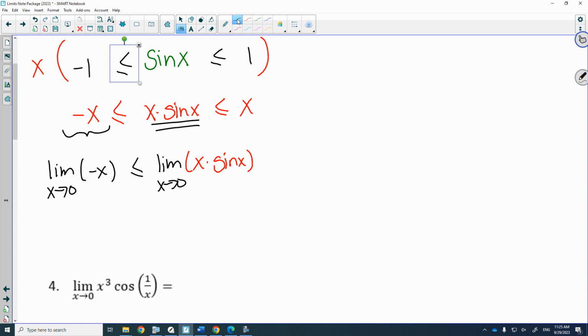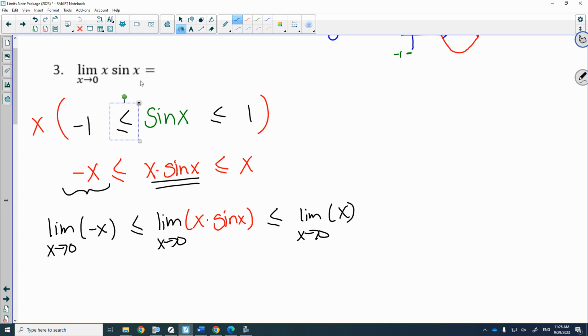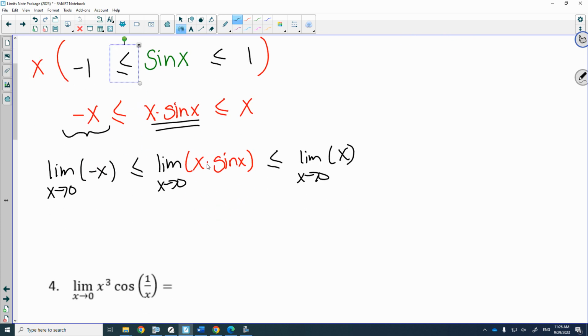And that is less than or equal to the limit as x approaches 0 of x. So now what I've created is what they originally were looking for. The limit as x approaches 0 of x sine of x right here.